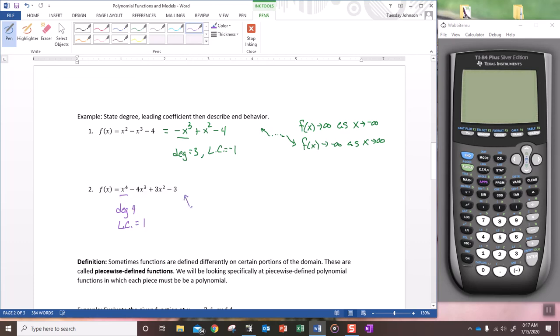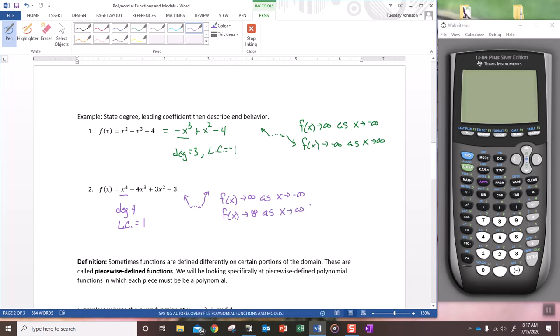I know my end behavior, with whatever goes on in the middle: degree 4, they finish together, positive, they finish up. So we say that f of x approaches infinity as x approaches negative infinity, and f of x approaches infinity as x approaches positive infinity.